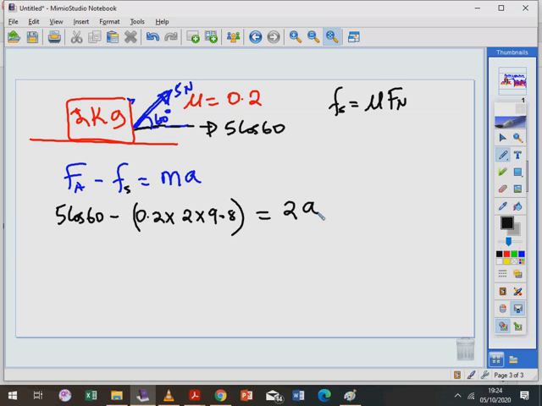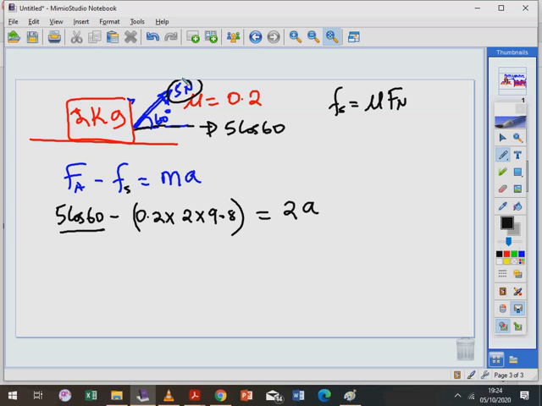If he's not able to move it, we'll not have an acceleration. If you solve this and find that your acceleration is negative, that tells you the force is not powerful enough to overcome static friction. That's what that would mean. If you find a positive acceleration, that means the force is powerful enough, and therefore there is an acceleration.